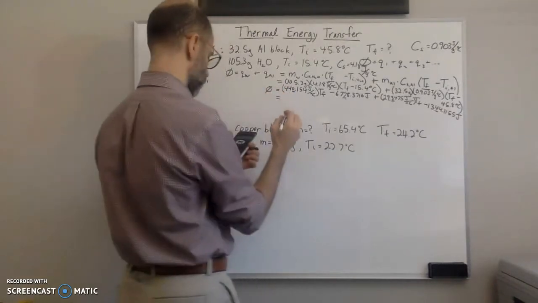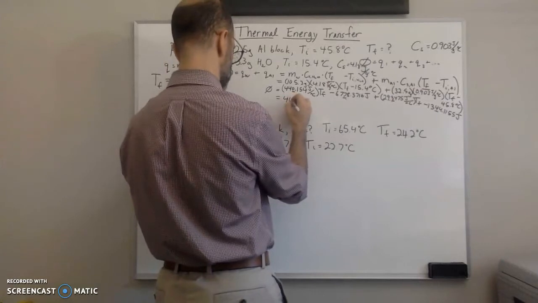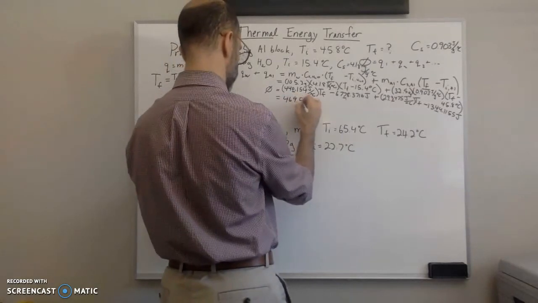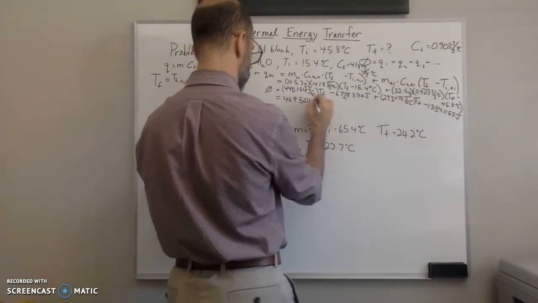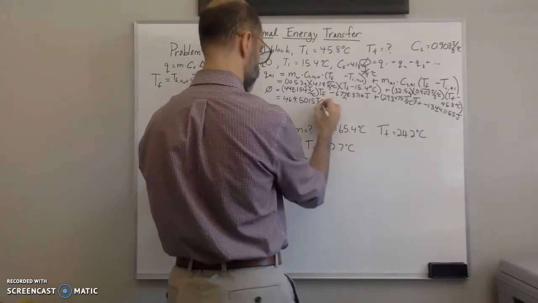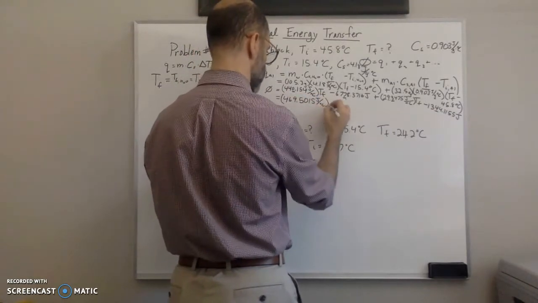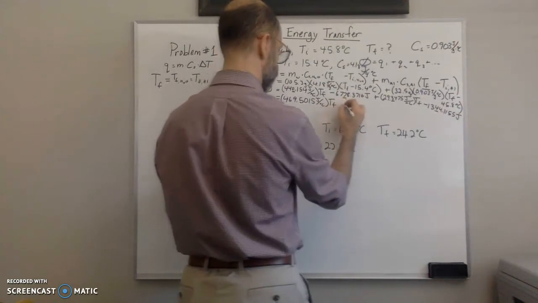So that's going to be equal to 469.5015 joules per degree Celsius times TF.